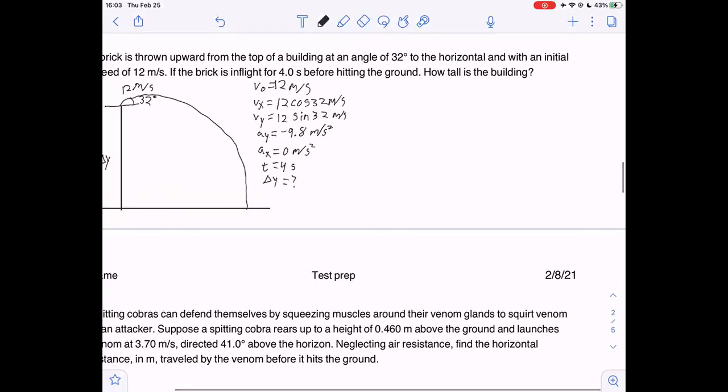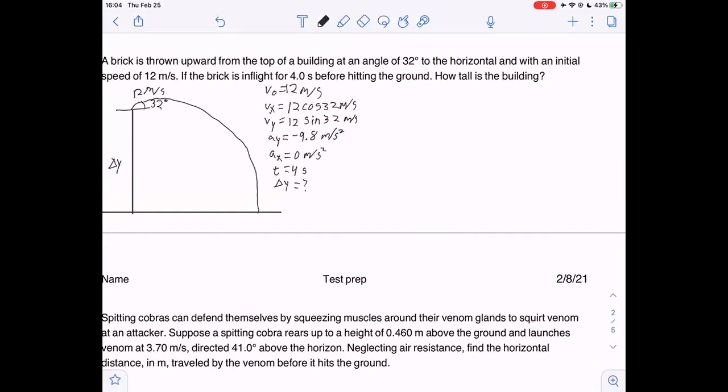So what are we going to do now? Now that we know what we know and know what we don't, what equation are we going to use?